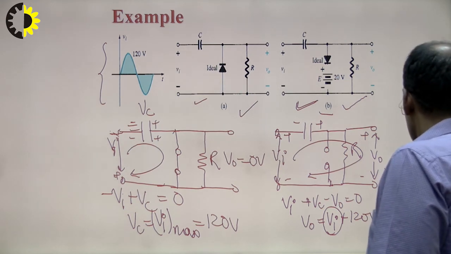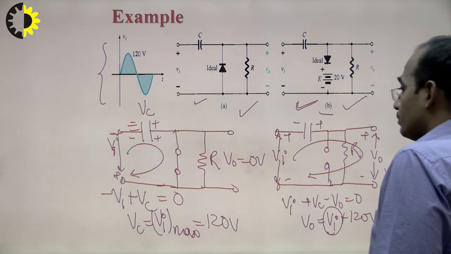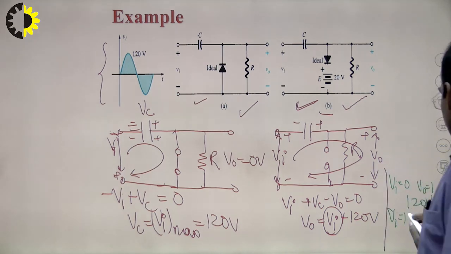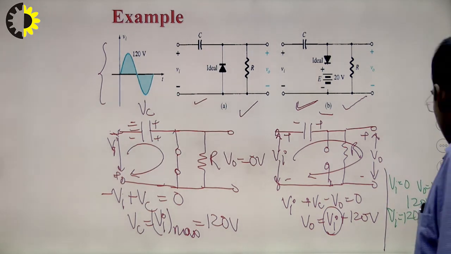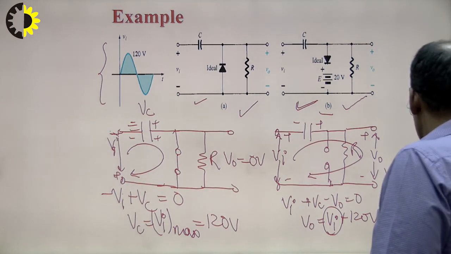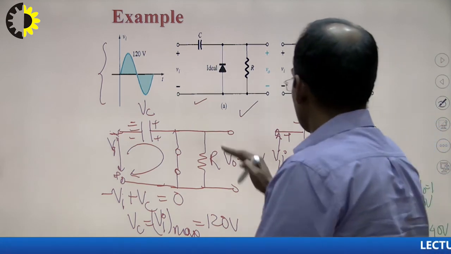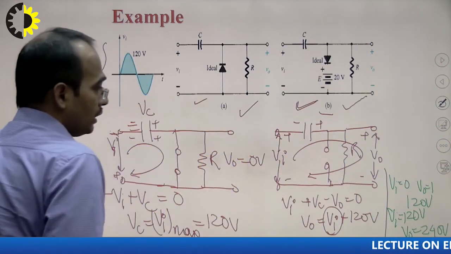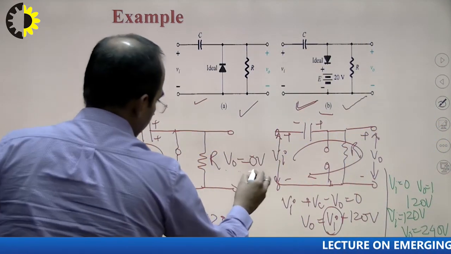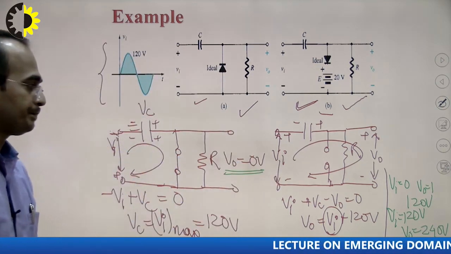When Vi is equal to 120 volt, output is equal to 240 volt. When Vi is equal to minus 120 volt, the output is 0, that you have already got in this case.